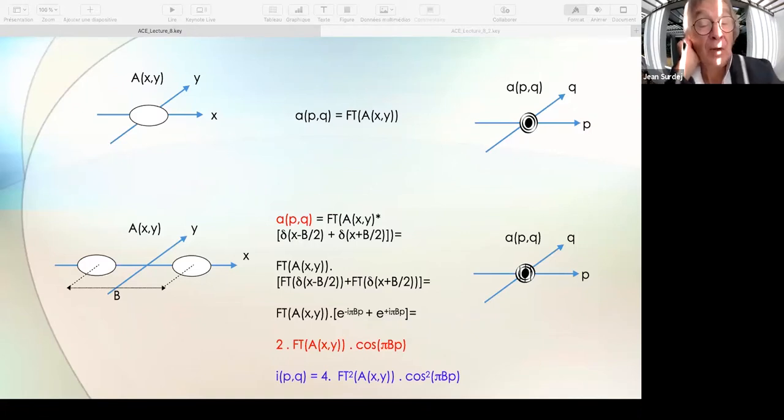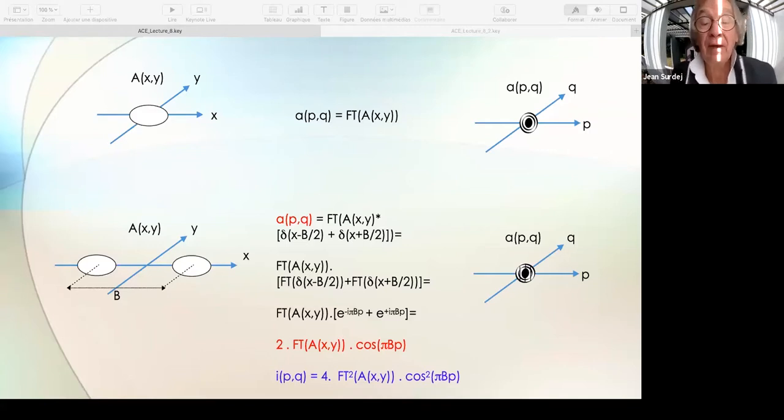Well, we know that the Fourier transform of a convolution product is a simple product of the two Fourier transforms. And therefore now you go to the second equation where we see that simple product of the two Fourier transforms. And because of the linearity of the Fourier transform, we get the Fourier transform of the original aperture by the summation of the two Fourier transforms of the Dirac functions.